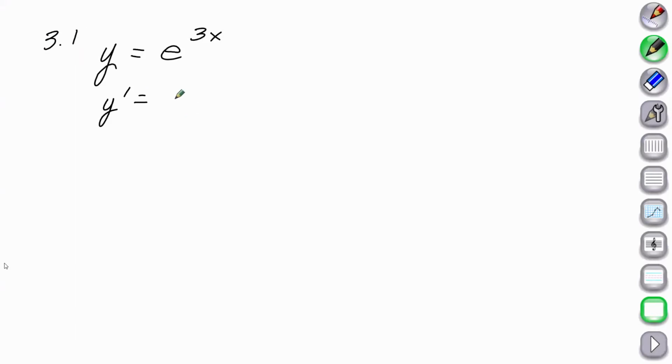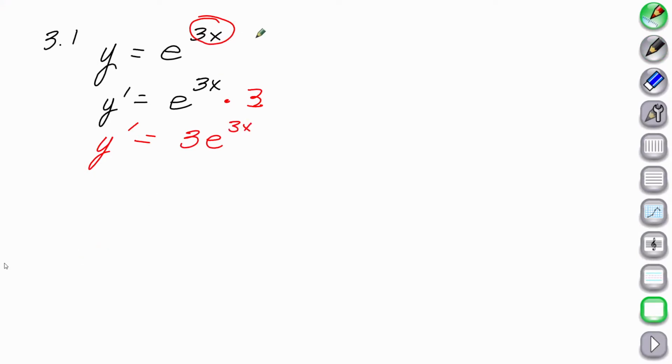Okay, if not, just write this down. So this would be e to the 3x, and then we are going to take the derivative of 3x, which is what? 3. So the final answer would be y prime equals 3e to the 3x, and that would be our solution.